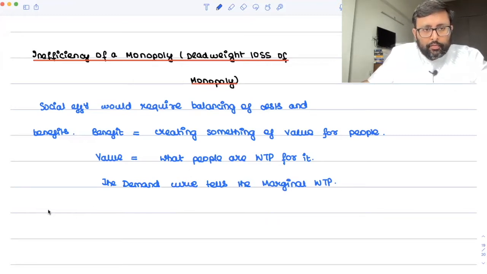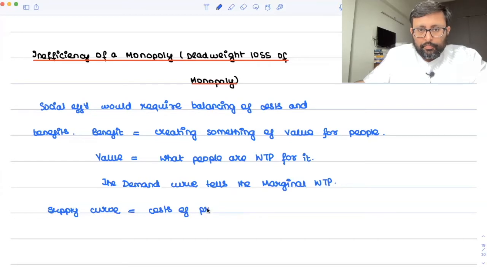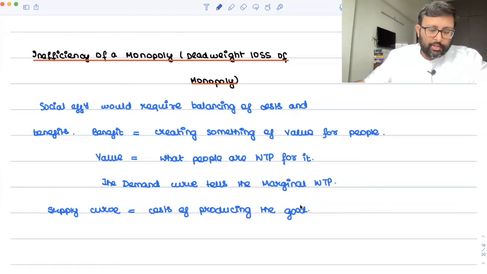The supply curve measures the cost of producing the good.